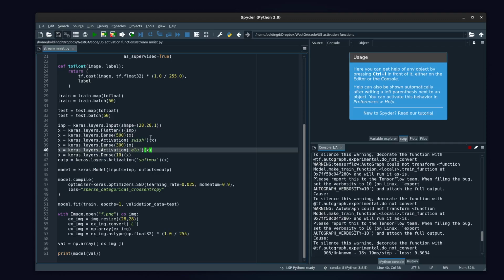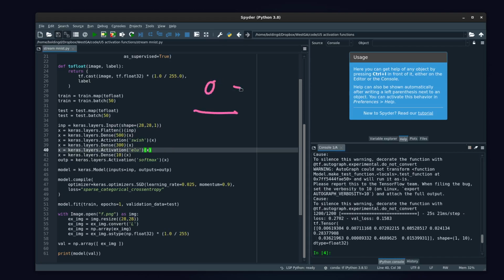So I did say that these have, basically for various reasons, these all have, in the positive half, their range is 0 to positive infinity, but in the negative half, they saturate to something. Fortunately, softmax flattens all of your values to the range 0 to 1, so we don't have to worry about that, right?